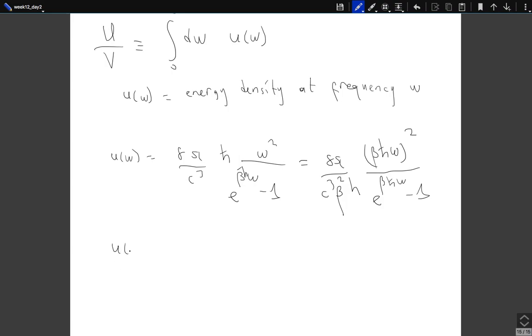Or let's say u of omega is equal to 8 pi over c cubed beta squared h bar times x squared over e to the power x minus 1, where x I had defined as beta h bar omega.